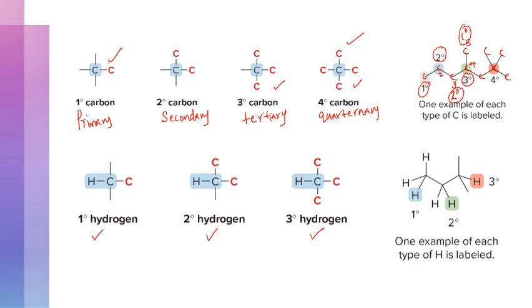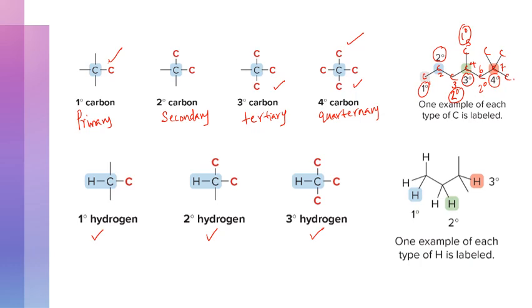And this carbon atom is attached to two other carbon atoms, one on the left and one on the right, so we call it a secondary carbon atom. This one I'm going to number as 6, and this one as 7. The number 7 is attached to four other carbon atoms, so we call it a quaternary carbon atom.